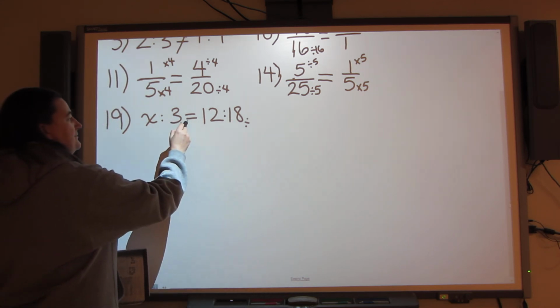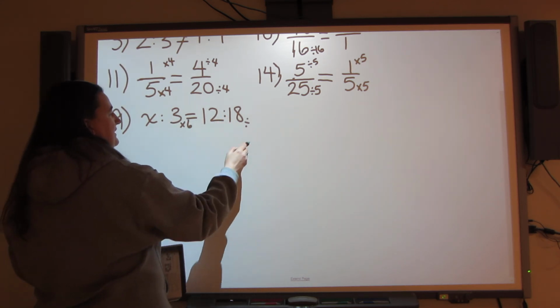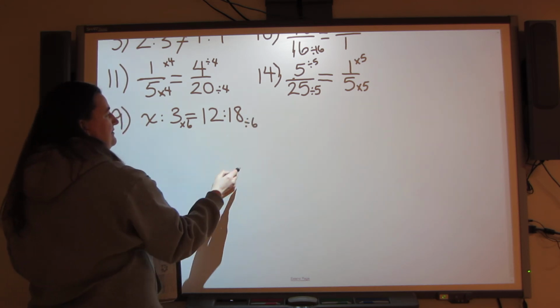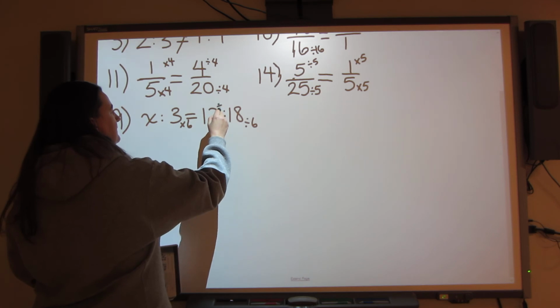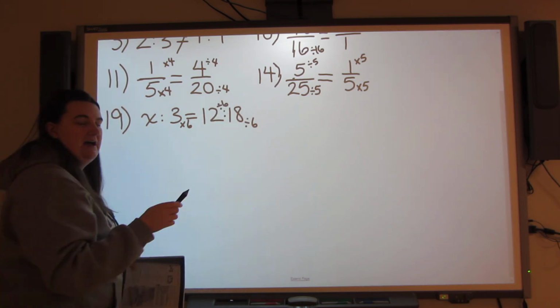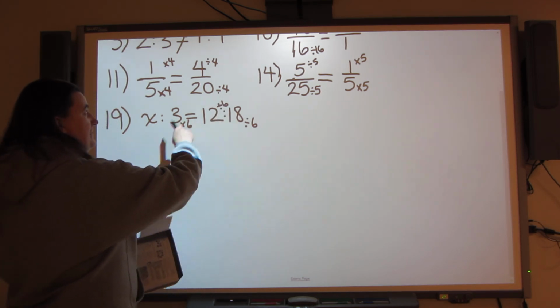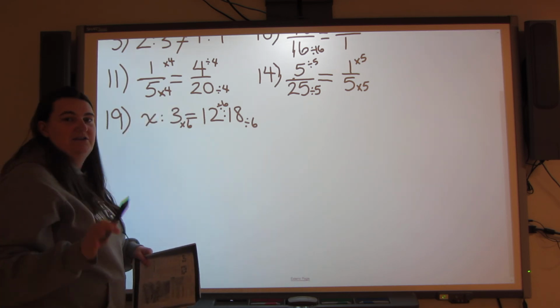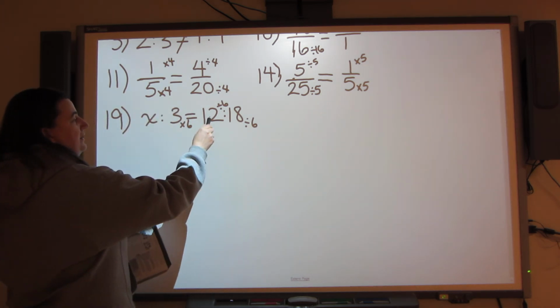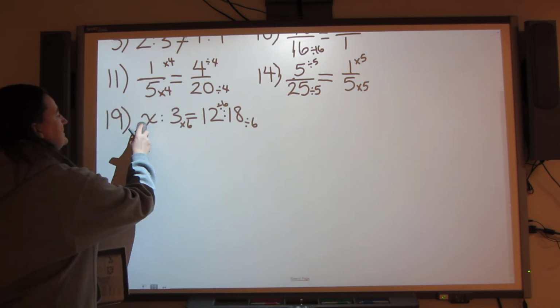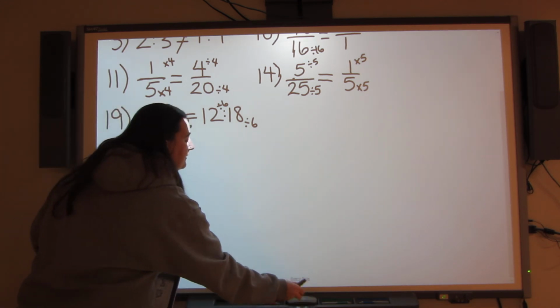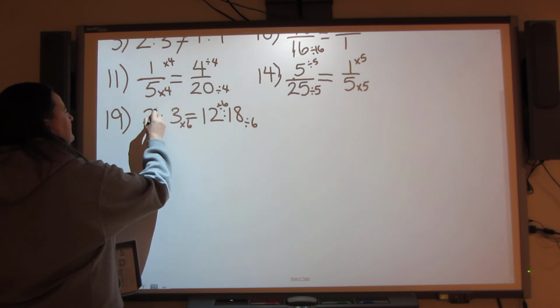So 3 times 6 is 18, which means 18 divided by 6 is 3. So 12 also divided by 6. You have to use the same number on all of this to make sure it's equal. 12 divided by 6 is 2. So instead of my x, I'm going to write 2.